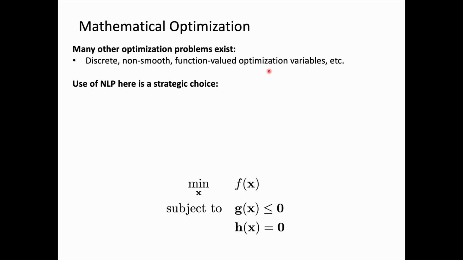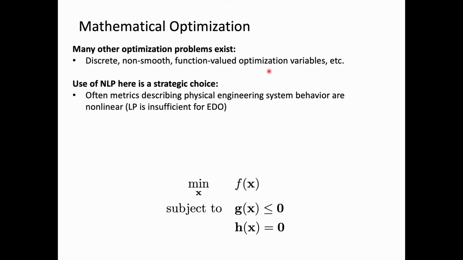Here we're going to use nonlinear programming as a strategic choice to first learn about design optimization of physical engineering systems. Often the metrics that we use in describing the behavior of physical engineering systems are nonlinear functions. So we need an optimization problem and corresponding solvers that are capable of dealing with these nonlinear functions. Another type of optimization is referred to as linear programming, or an LP.